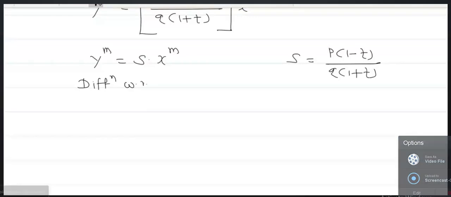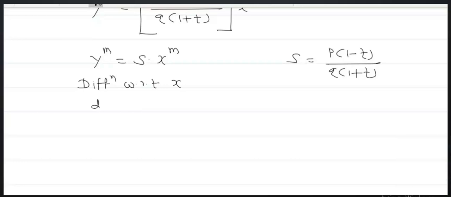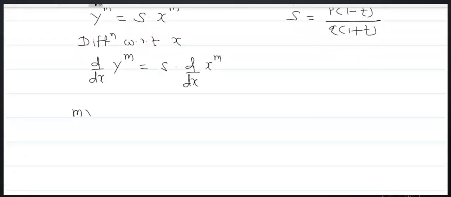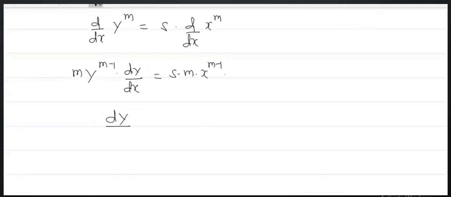The derivative of y raised to m is m into y raised to m minus 1 into dy by dx, which is equal to s into m into x raised to m minus 1. Therefore, dy by dx is equal to s into x raised to m minus 1 upon y raised to m minus 1.